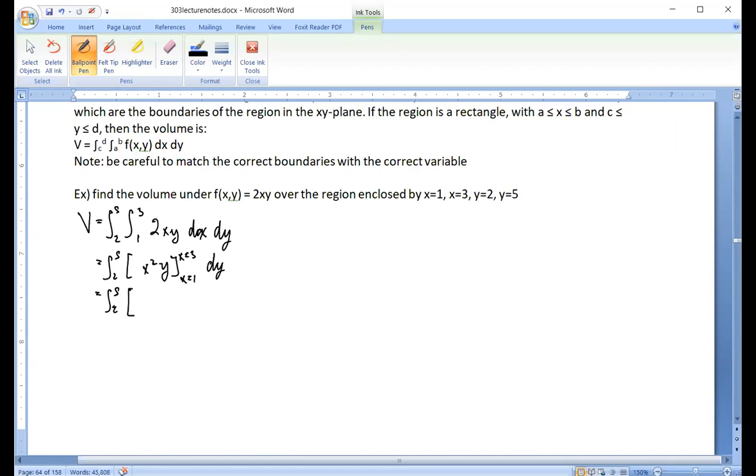So when we do that, plugging in x equals 3, you get 3 squared y. And plugging in x equals 1, you get 1 squared y, all of that dy.